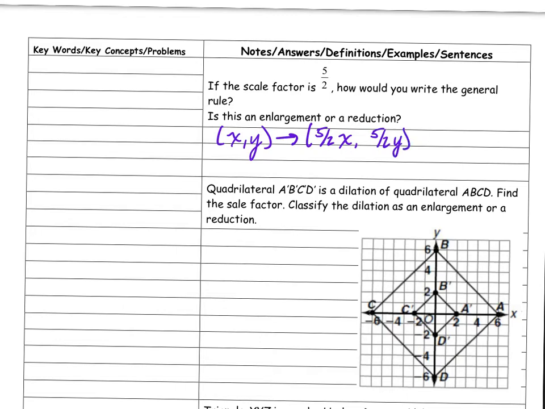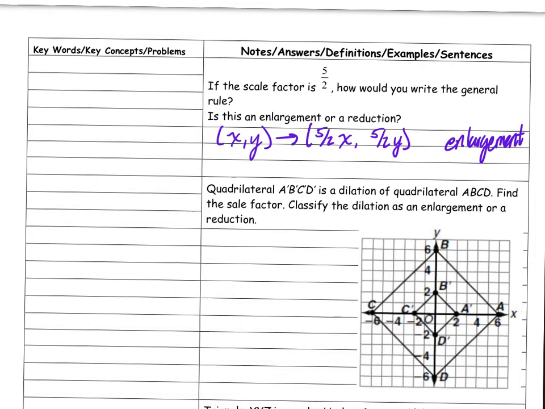So is it getting bigger or is it getting smaller? Well, remember we're talking about the fraction between, is the top number bigger than the bottom, or is it smaller than the bottom? In this case, it's bigger than the bottom, so that means it is an enlargement. If it was like 1/2, then it would be a reduction.